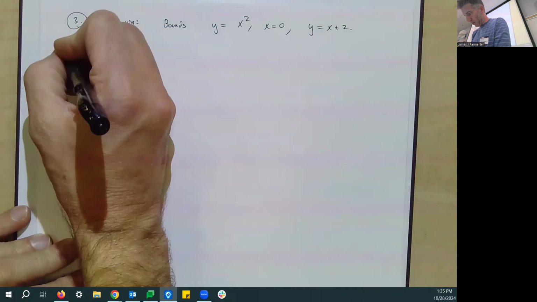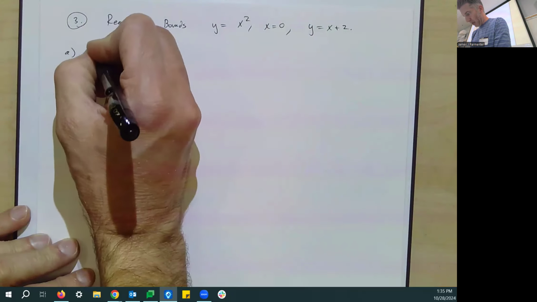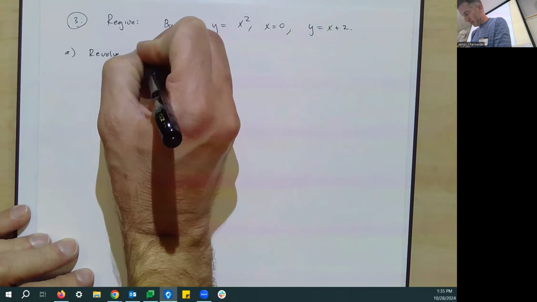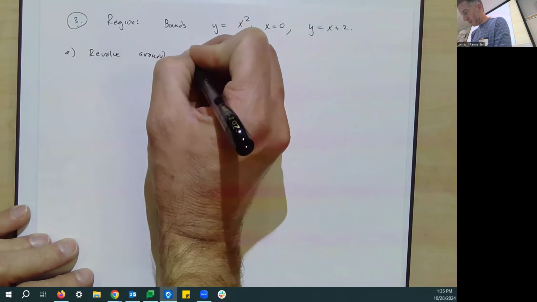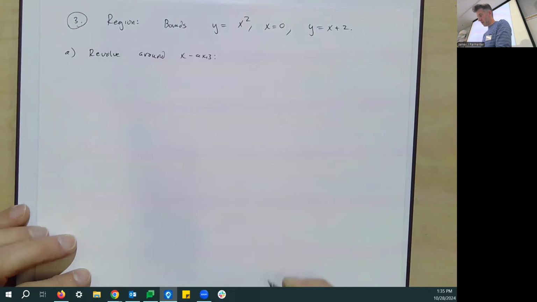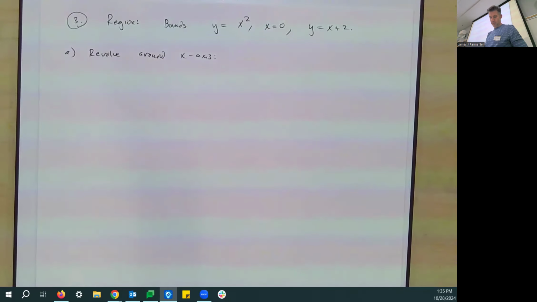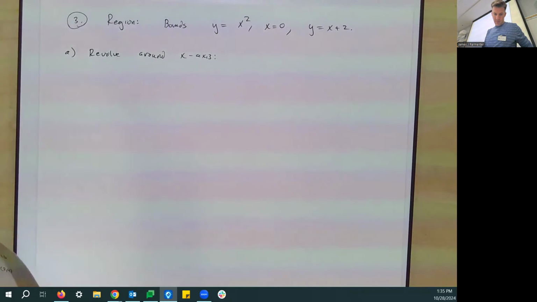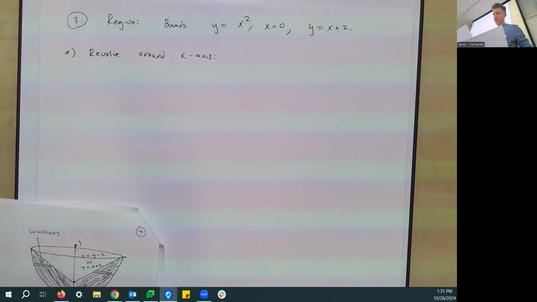And first things first, we're going to revolve around the x-axis. Draw the region. It doesn't have to be perfect. It has to be good enough.